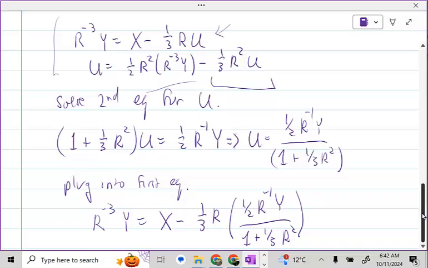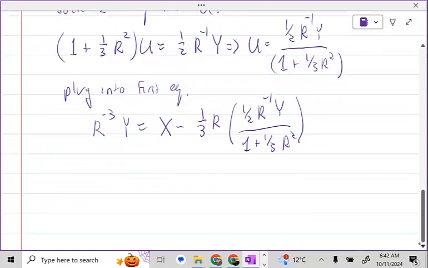Okay. So just to write that again, I have R to the minus 3Y equals X minus, let's see, the R's cancel, and the 1/3 combines with the 1/2 to give 1/6 Y over 1 plus 1/3 R squared.